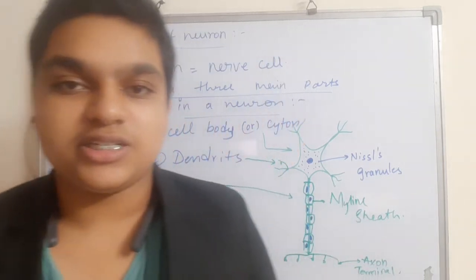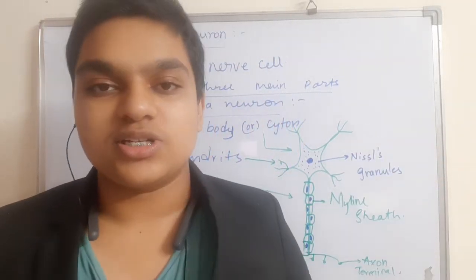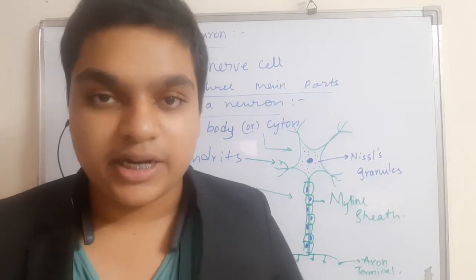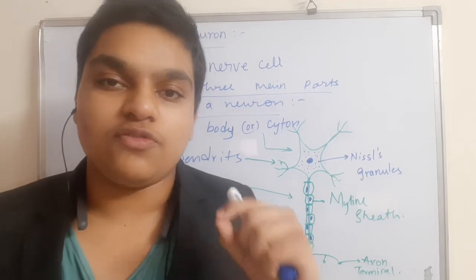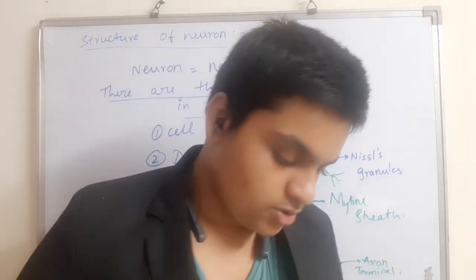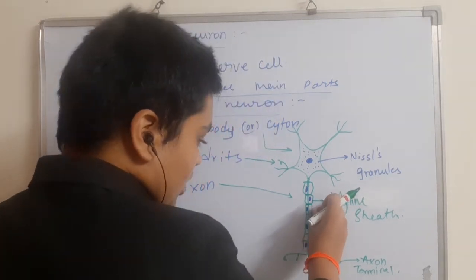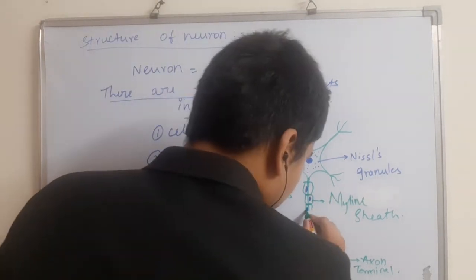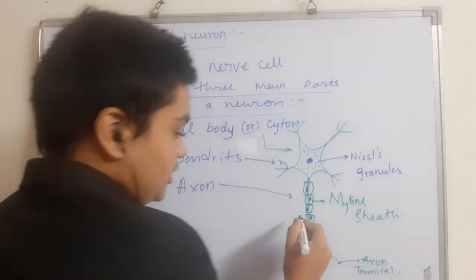Now, this myelin sheath is not of continuous form. It is discontinuous. It is having some breaks, some gaps in the middle, and those gaps are called nodes of Ranvier. I haven't shown you the gaps, but it is like this. See this one, like this.